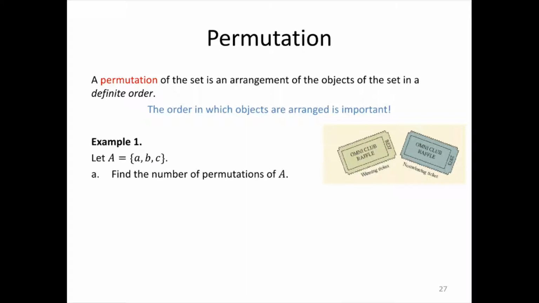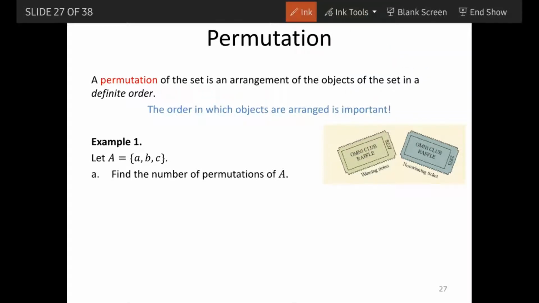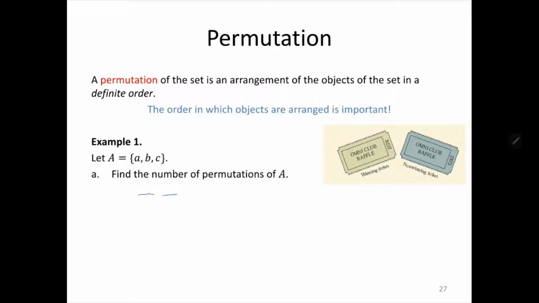So let's say we have a set A with elements A, B, and C, and we want to know the number of permutations of A. Because we have three elements and we want to arrange them, let's denote them with blank spaces.